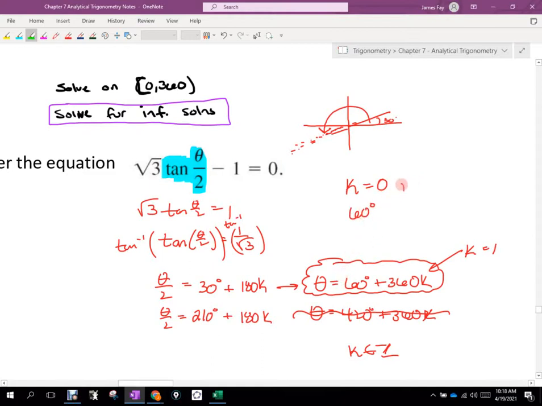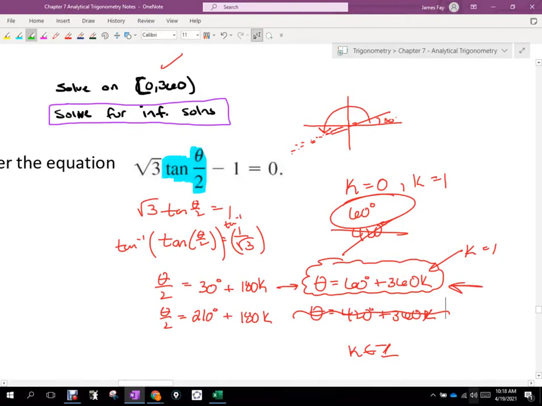If k is 1, we get 420 degrees, right? So we automatically get outside that range after k equaling 0. So 60 degrees is the only one that is between 0 and 360, and this is a rule that will generate all the others. Is that okay with everybody?